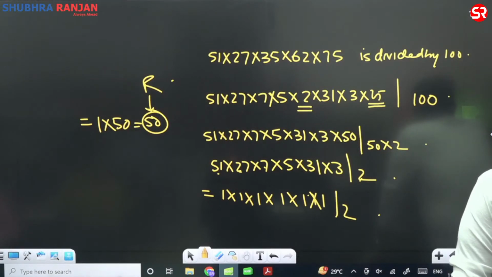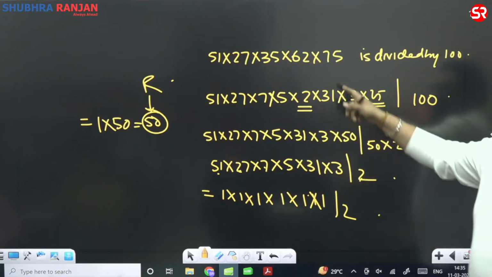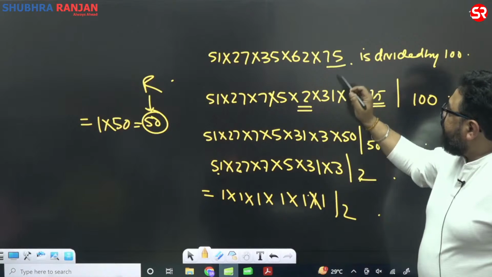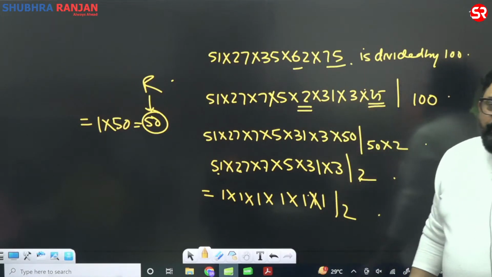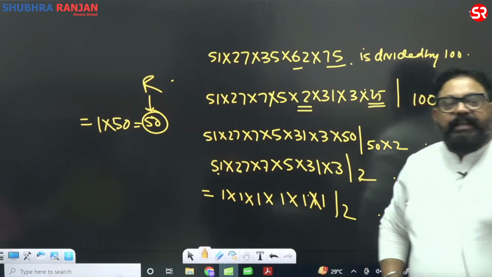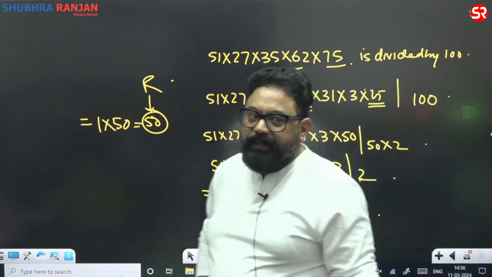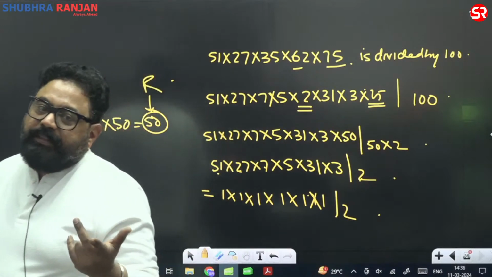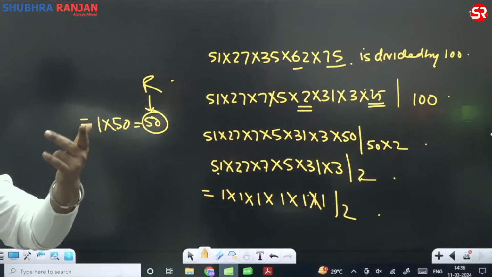When I saw 100, I could only figure out one thing, 50 into 2. Was there a 50 here? Yes, there was a 50 here. 25 from here and 2 from here. All you needed to do was cancel a 50 both up and down and then bring it back. There is no other method. If there is a method, then it is a very lengthy proposition.